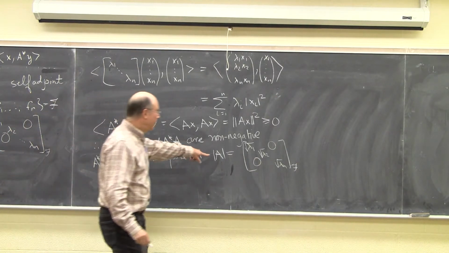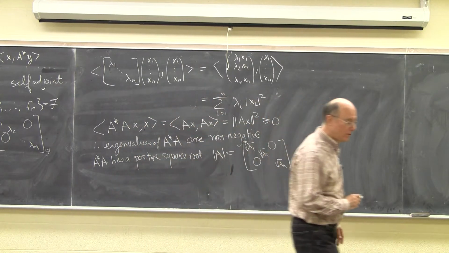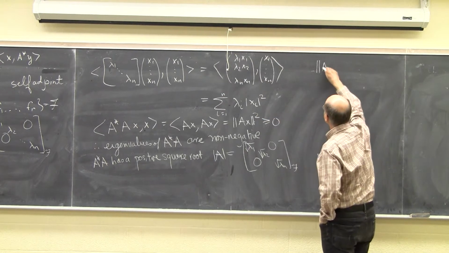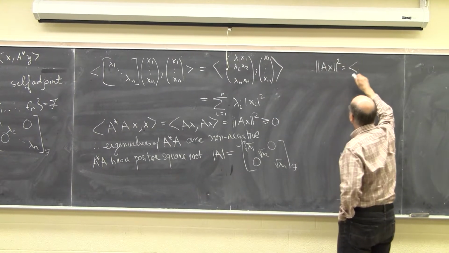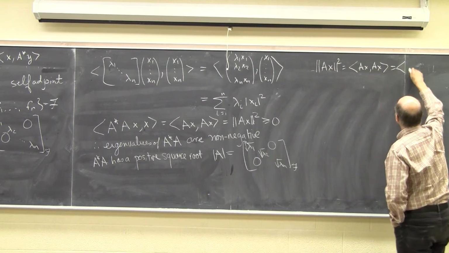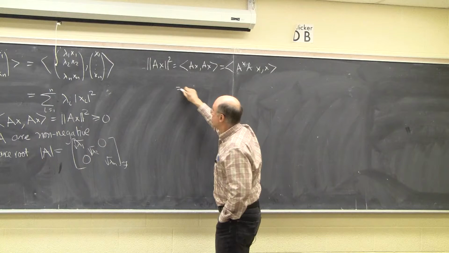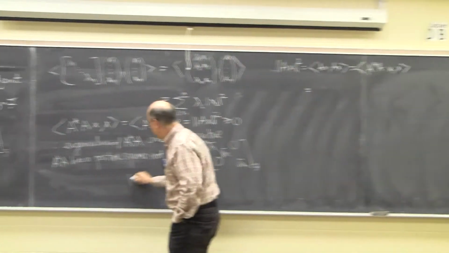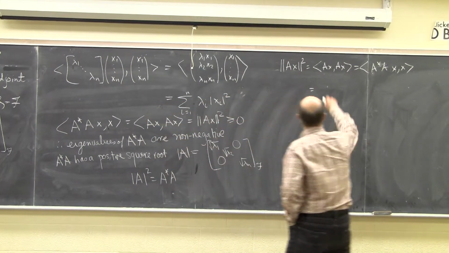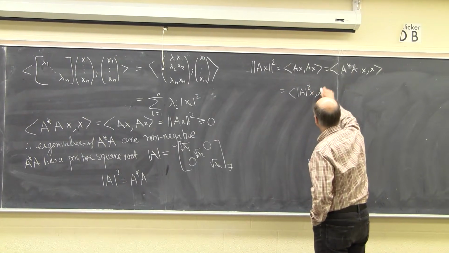Okay. Now this matrix has a nice property relative to the norm of A, because from here we have norm of Ax squared is Ax inner product Ax, which is A star A x inner product x. But absolute A squared is also equal to A star A. So this is absolute A squared x inner product x.